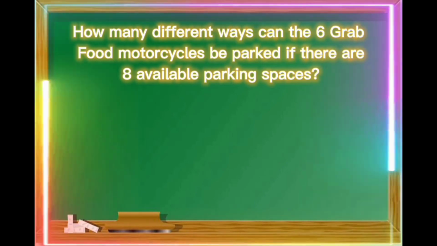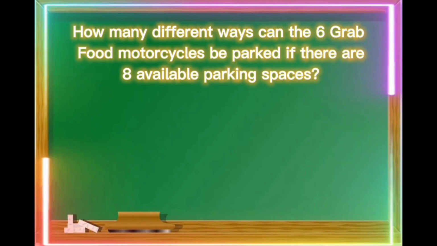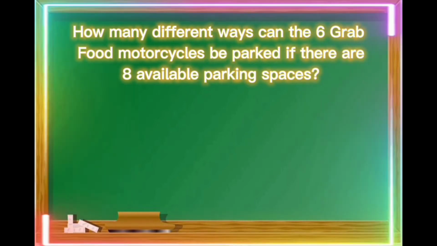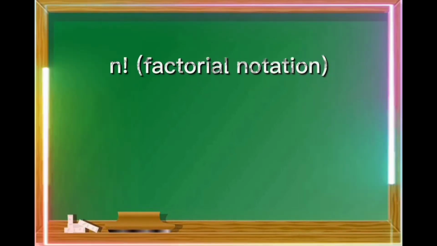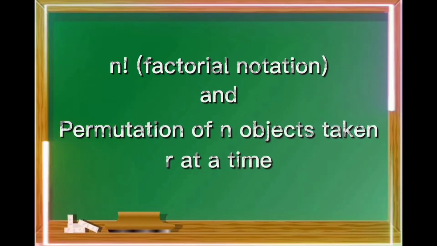In permutation, there are lots of formulas to consider. But in our video lesson, we will only consider the 2 formulas: the factorial notation and the permutation of n objects taken r at a time.